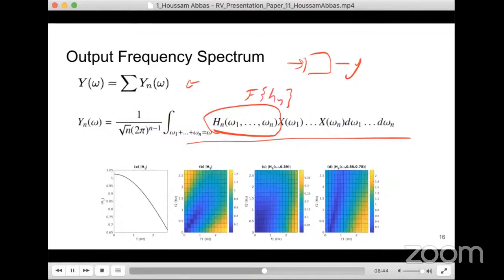So if I know that Hn is 0 for a certain range of frequencies, omega 1 through omega n, then I know that this entire thing is going to be 0 in that range of frequencies, which tells me that this range of frequencies is irrelevant to the output of this particular operator, the finite Volterra series operator. So this is the way we get the frequency analysis.